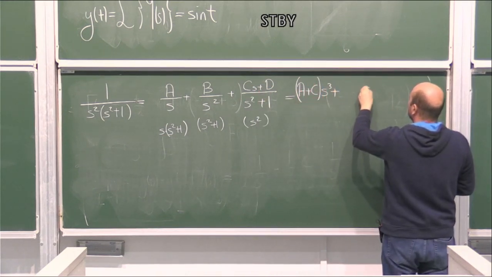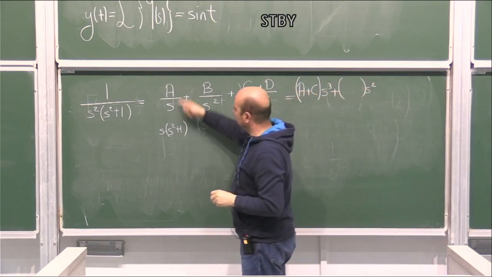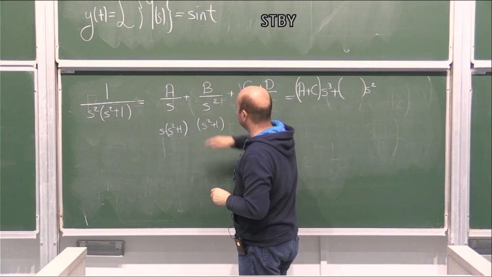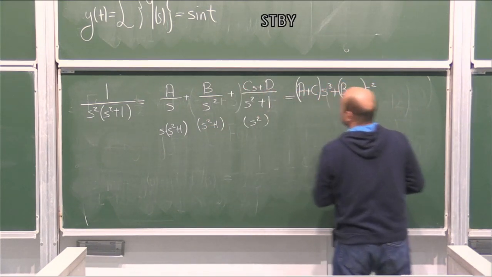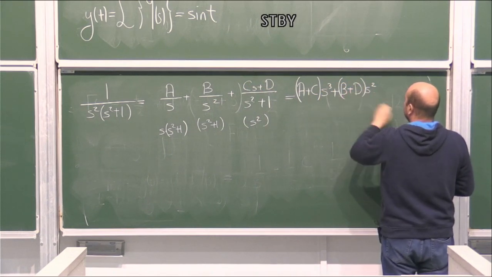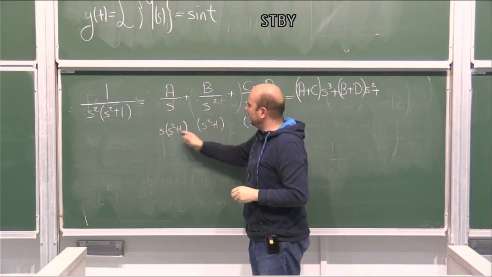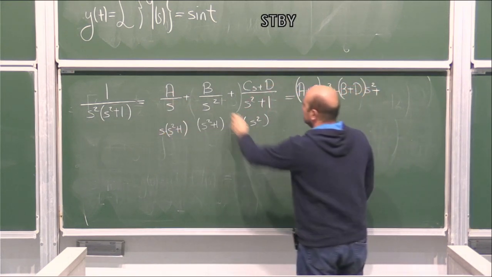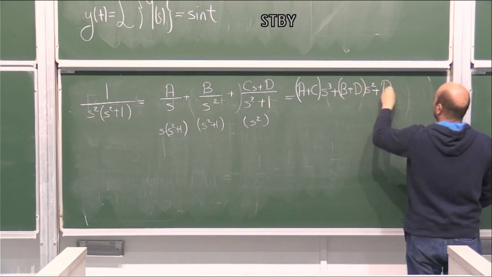Now how about the s squared term's coefficient? We have a times s here, nothing coming. b times s squared, so we have b. And we have d times s squared, so we have plus d. Now the s term: we have a s and nothing coming, so we have a.